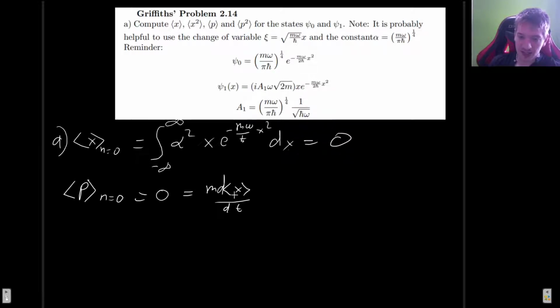But since the expectation value does not depend on time, and in this case it's even 0, this is going to be 0. Okay, so you can also go ahead and do the integral if you want to check. But there's really no need for us to be doing that work in this particular problem, so we're just going to use these properties. Okay, so next comes the expectation value of x squared for n equals 0.